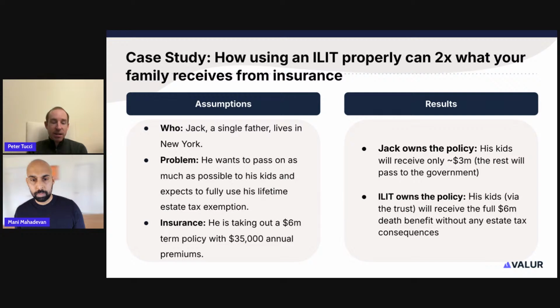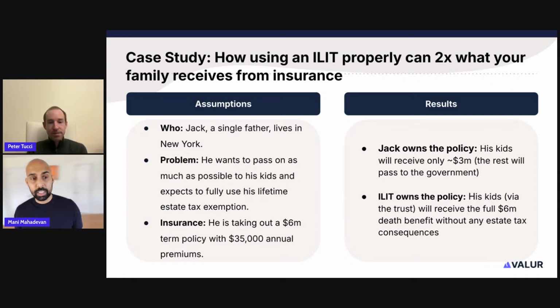If he set up the ILIT and had the ILIT own the policy instead of himself personally, then the full $6 million would be outside of his estate, and that $6 million would go into the trust for the benefit of his kids. So it's a 100% return difference, 3 million versus 6 million.